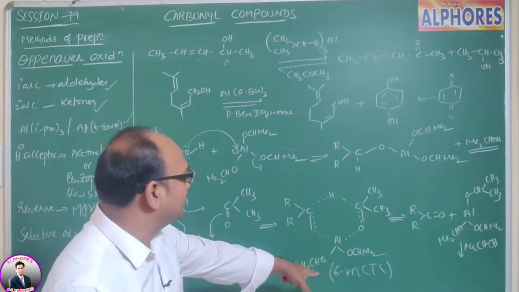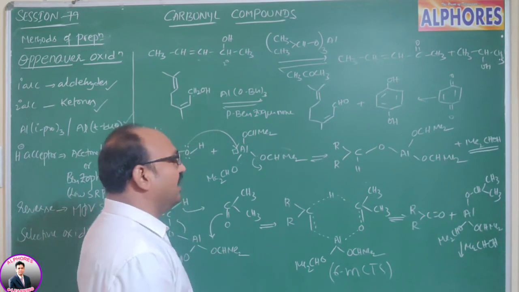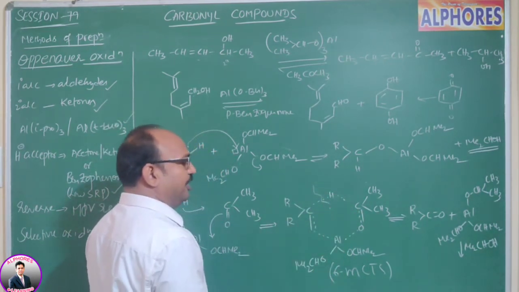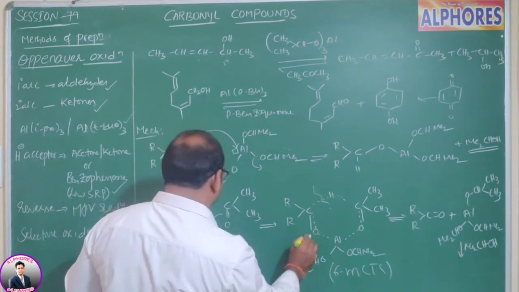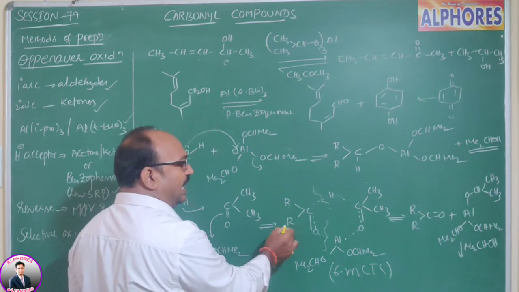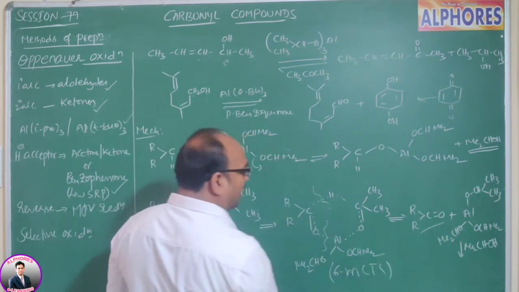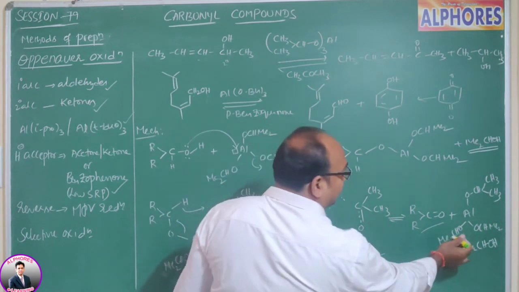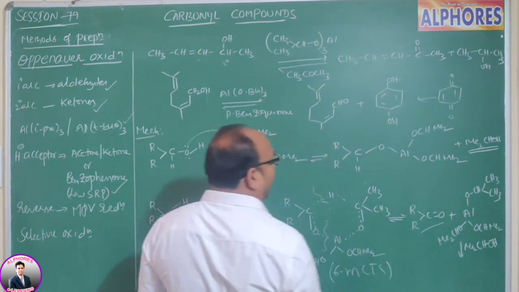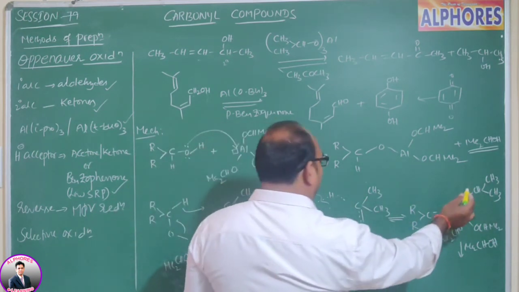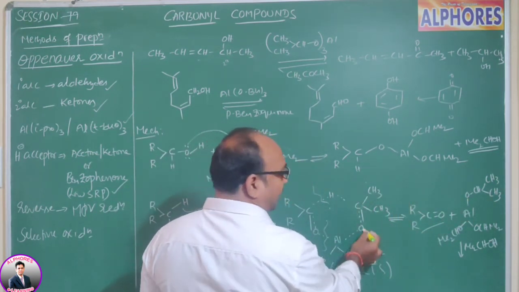Because of this six-membered cyclic transition state, complete bond breaking and bond formation takes place. This bond is going to break completely, and this bond also. Then we write R2C double bond O, and the aluminum keeps its two isopropoxides as such, and in addition, instead of one isopropyl group, you get CH3O like that.